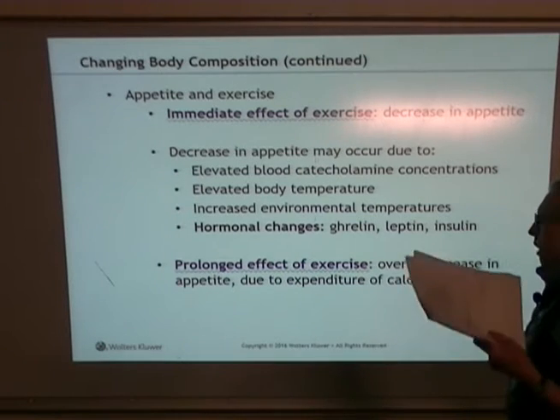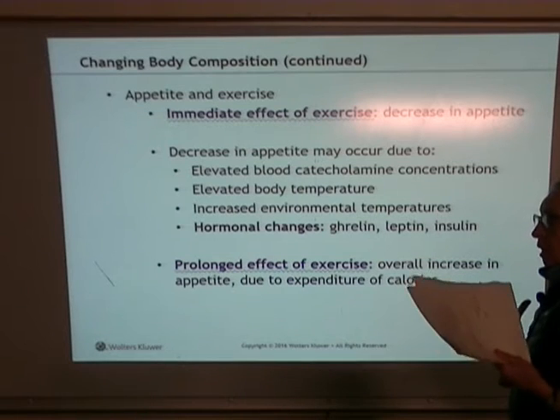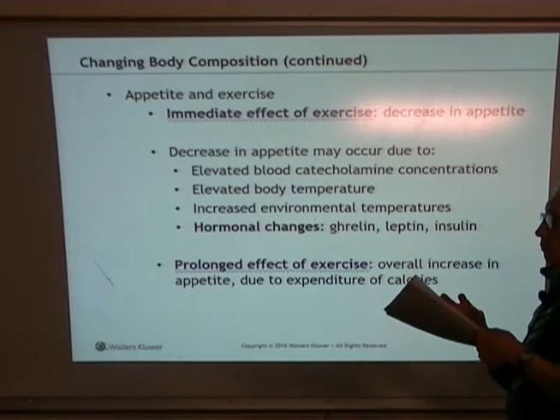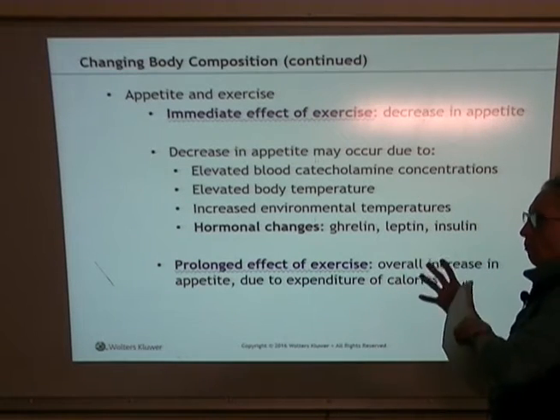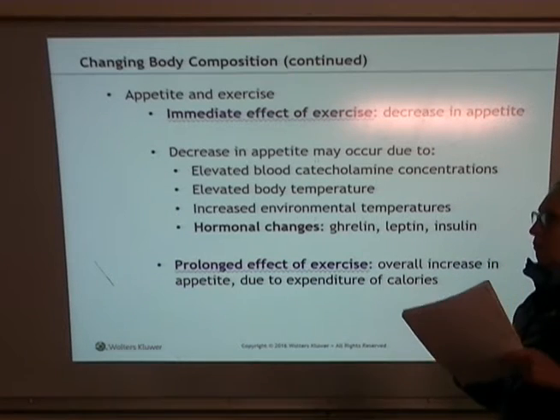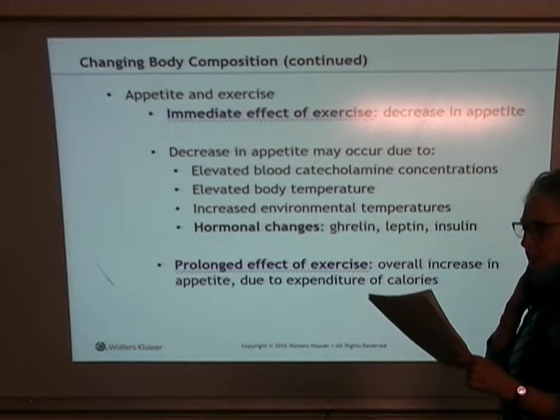And also insulin can be a factor because it's released into the bloodstream to help move glucose out of the bloodstream into the muscle tissue, but then it kind of messes up your feelings of being hungry.